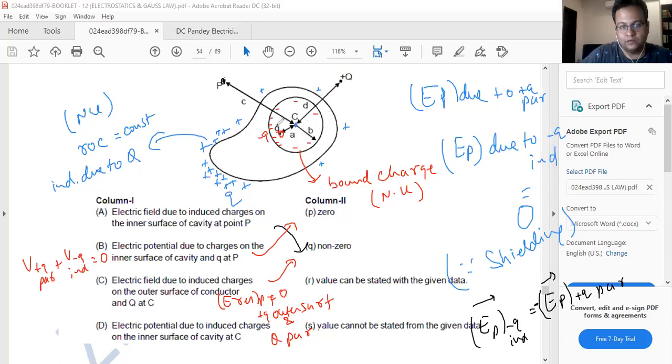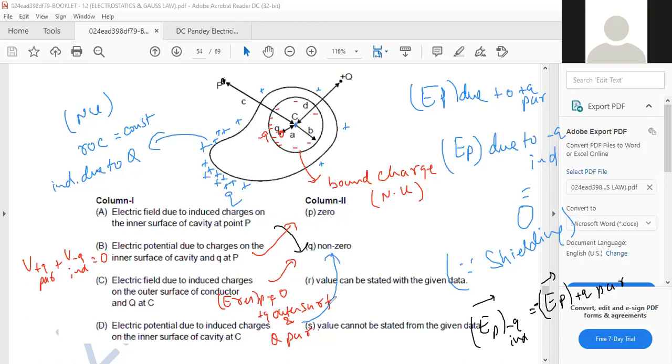Potential is KQ by R. So is R zero or non-zero? अभी क्या डिस्कस किए थे कि इसका जो चार्ज सेंटर है वो यहीं पे हो जाएगा, तो से a डिस्टेंस पे है, तो I can say that the potential will be non-zero. This is also non-zero value. Please go through it.